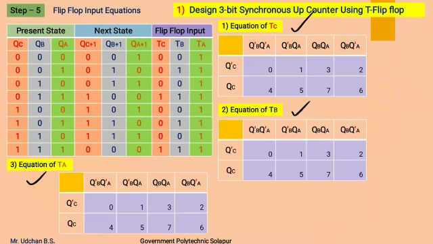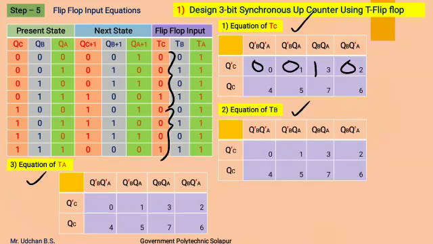Now we will make the entries for TC. We know the sequence of entry from truth table to K map. The first 4 are 0 0 0 1, so I will write 0 0 0 1. This is the sequence to write into the K map.